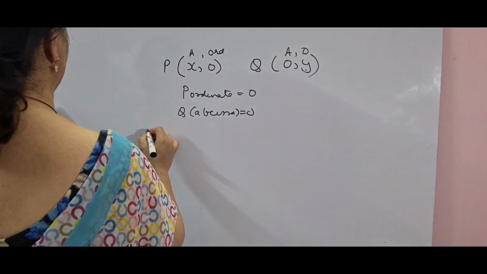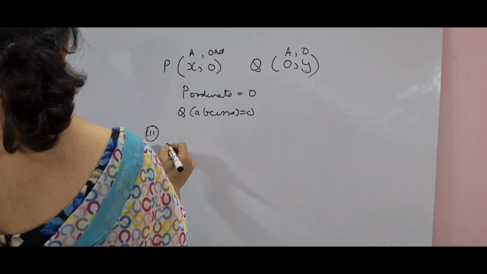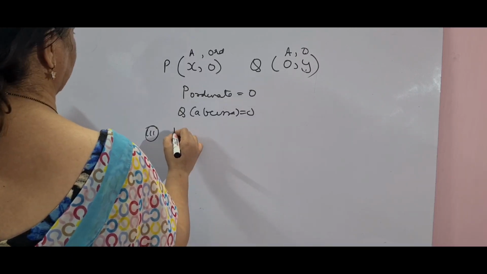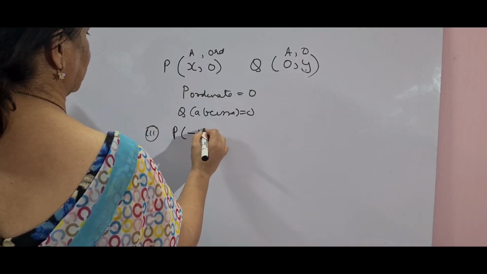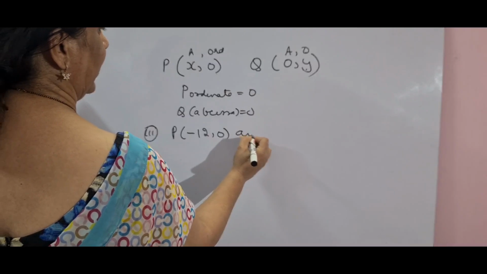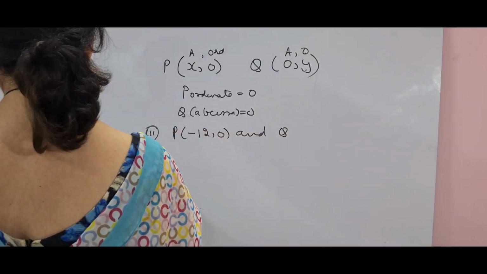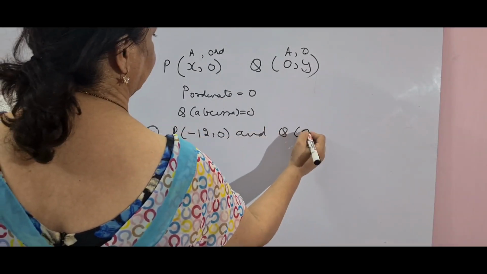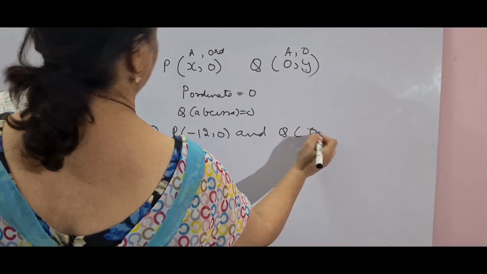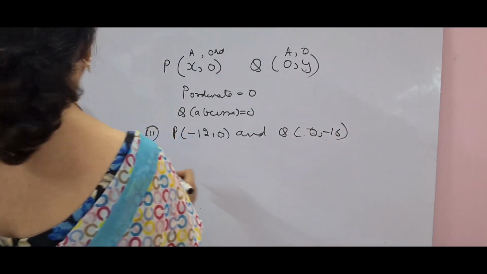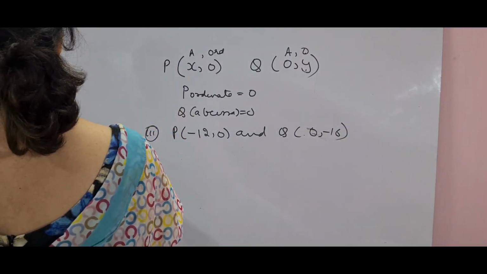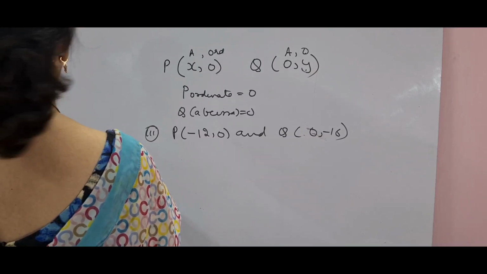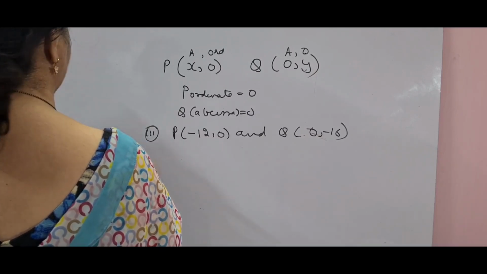Then he says the third part, very important. If the abscissa of the point P is minus 12, complete it as minus 12 comma 0, and Q you complete as 0 comma minus 16, as given. So P is minus 12 comma 0 and Q is 0 comma minus 16. Calculate the length of PQ.